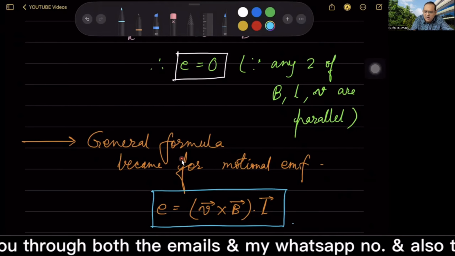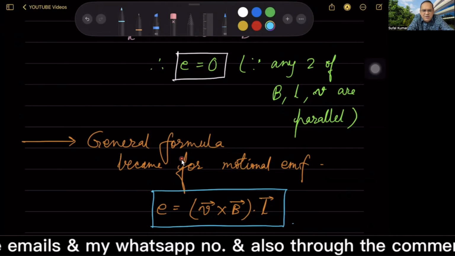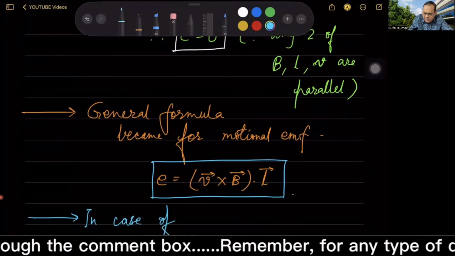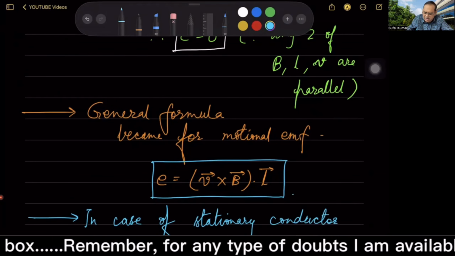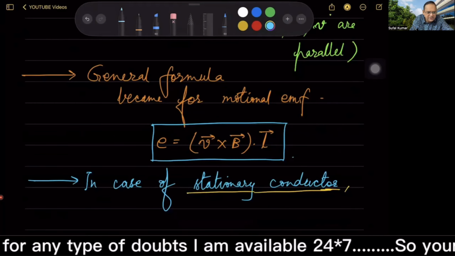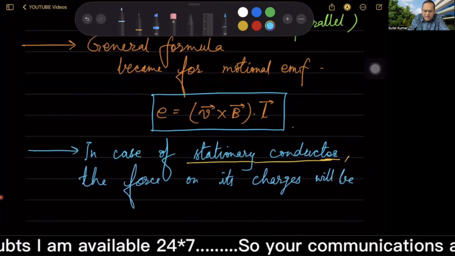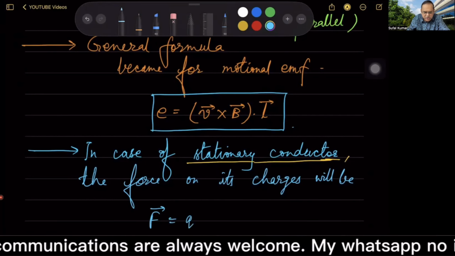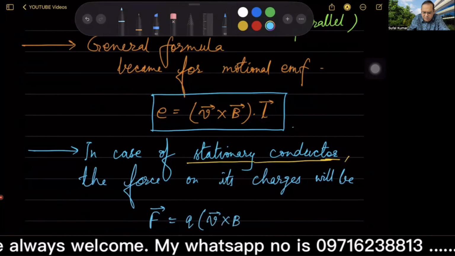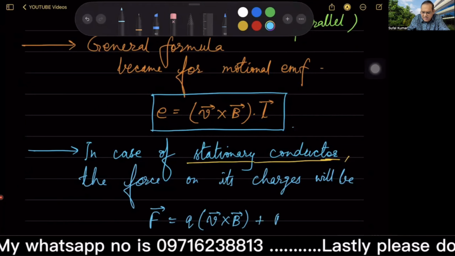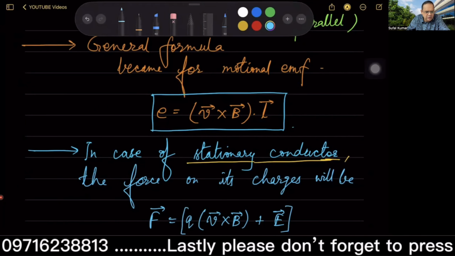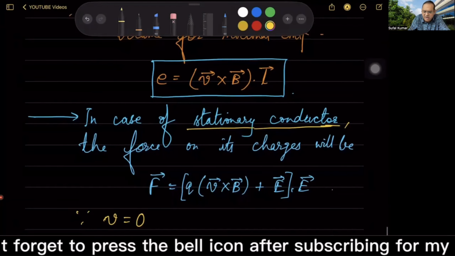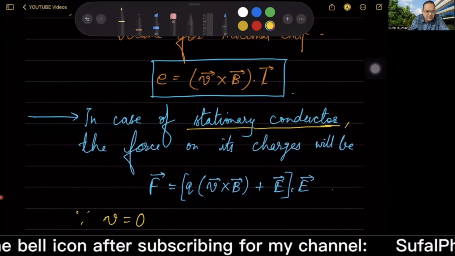Now, the last point under this heading would be for a stationary conductor. In case of a stationary conductor, the force on its charges, as you must already know, is F is equal to Q times V cross B plus E. V is equal to 0 because we are talking about a stationary conductor.